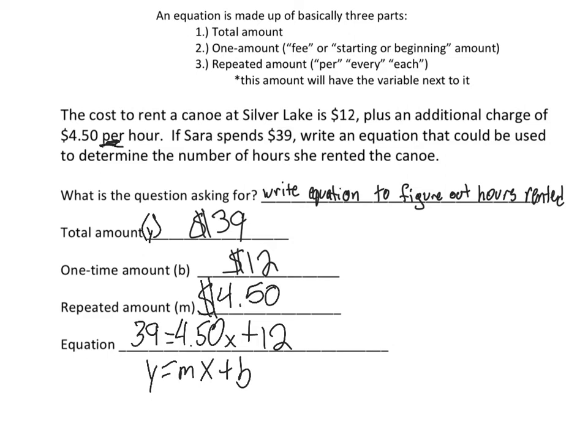Now it doesn't matter how you write it. If you wanted to write 4.50x plus 12 equals 39, that is also acceptable. Just make sure that the m and x are together, and the b is that separate one-time thing, and your total is on the outside of the equal sign.